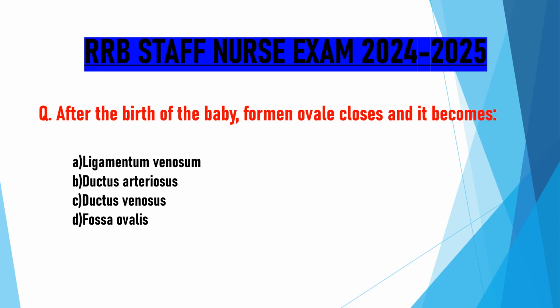After the birth of the baby, foramen ovale closes and it becomes. Options are ligamentum venosum, ductus arteriosus, ductus venosus, fossa ovalis. So the answer is option D, fossa ovalis.